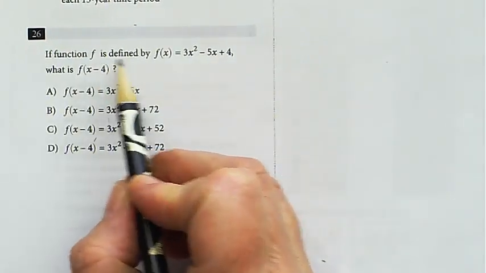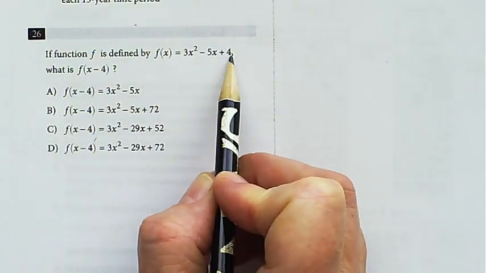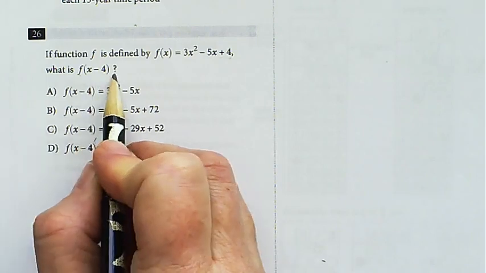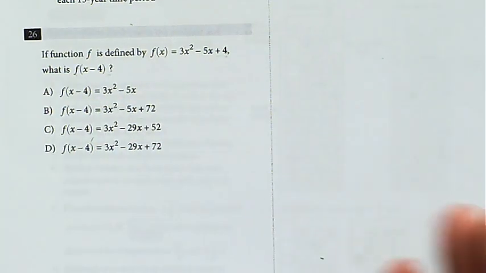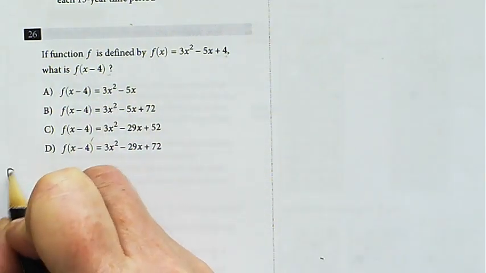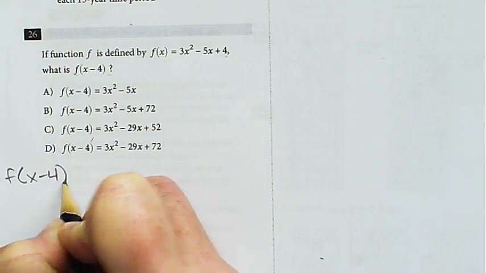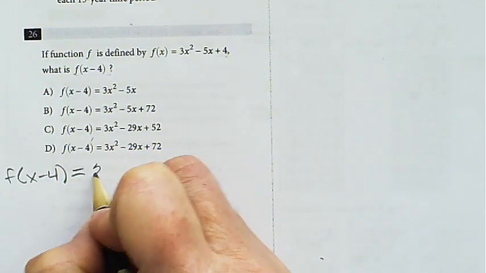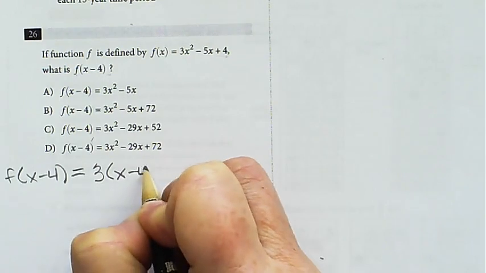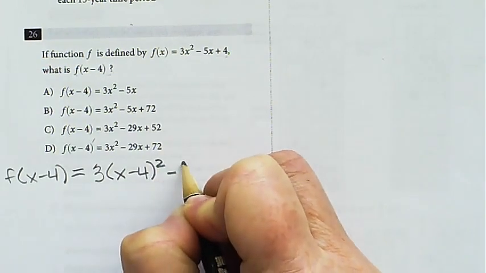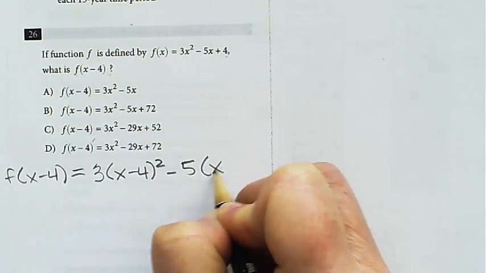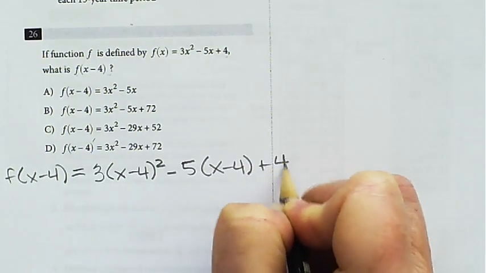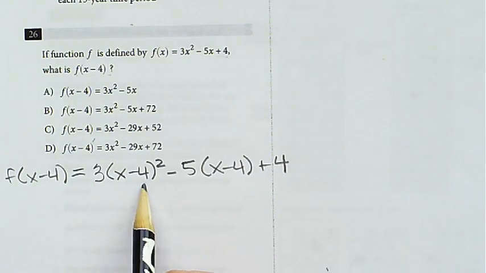If this function is defined as 3x squared minus 5x plus 4, what's f of x minus 4? These are actually easy. They just might take you a little while. And under pressure, that can be a little challenging, but if you take your time setting this up, it's not too bad. Okay, x minus 4 squared.